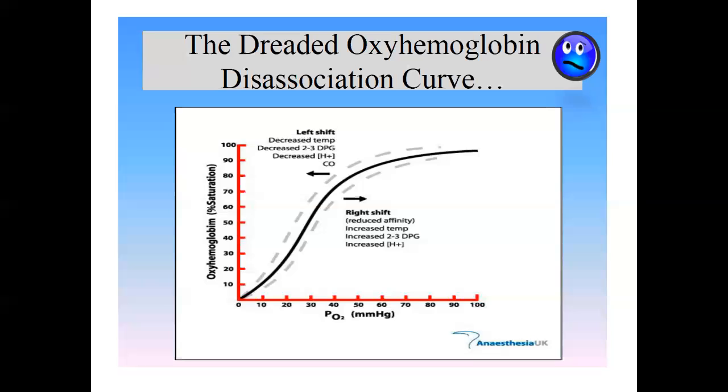If you have a shift to the right, it takes an increasing amount of oxygen saturation to hit that same 100%, or 100 on your PaO2. Generally, we don't get PaO2 to 100, usually somewhere in the 80 to 95 range. But all we're saying is we have to have more hemoglobin saturated to reach the same oxygen concentration in the blood.